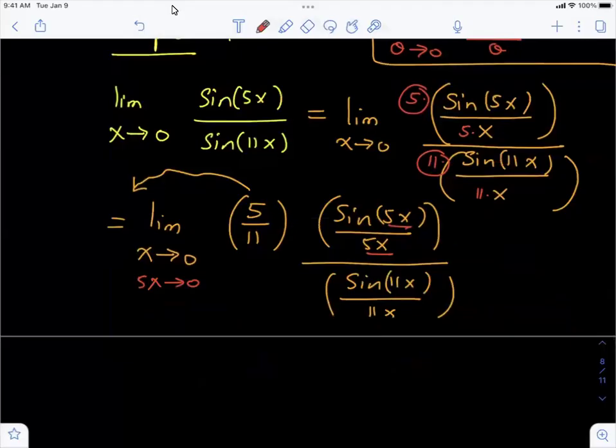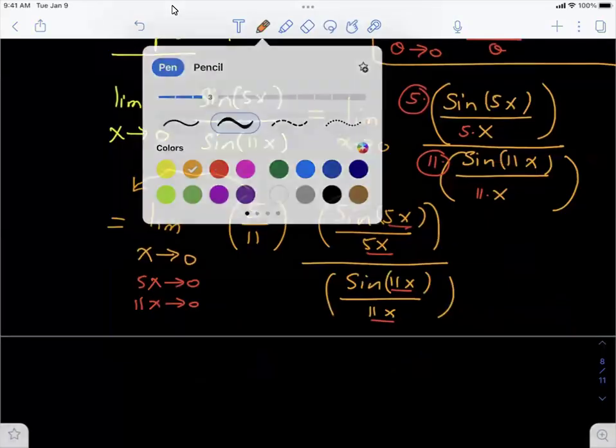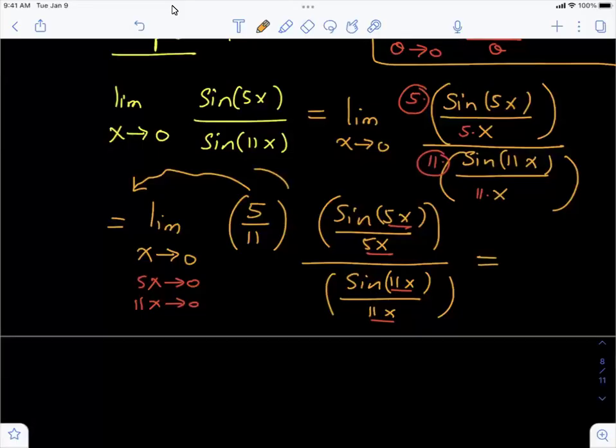In the meantime, when x goes to 0, you have 11x also going towards 0. That will give us exact combination for the next term. So that will yield the answer, just this term, 5/11, and then you have just 1 divided by 1, which will be trivial contribution to this problem. So it's going to be just 5/11.